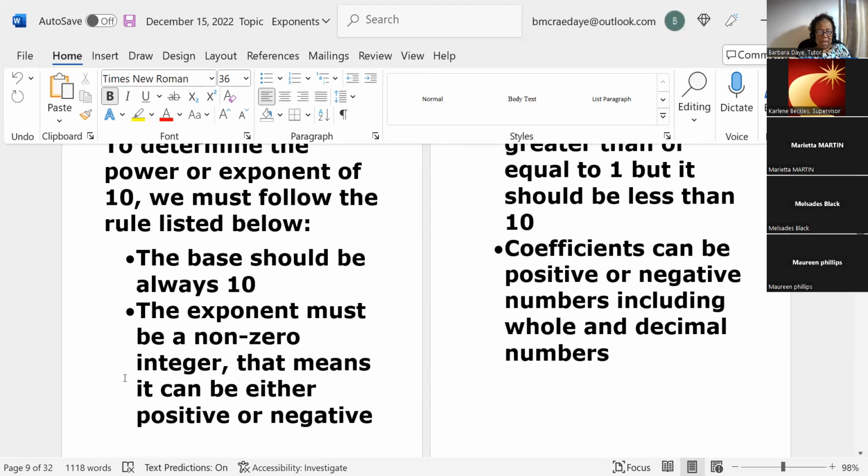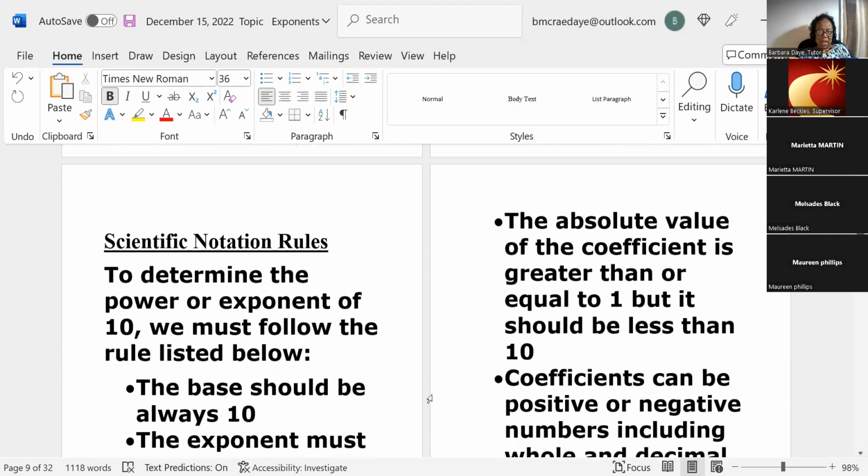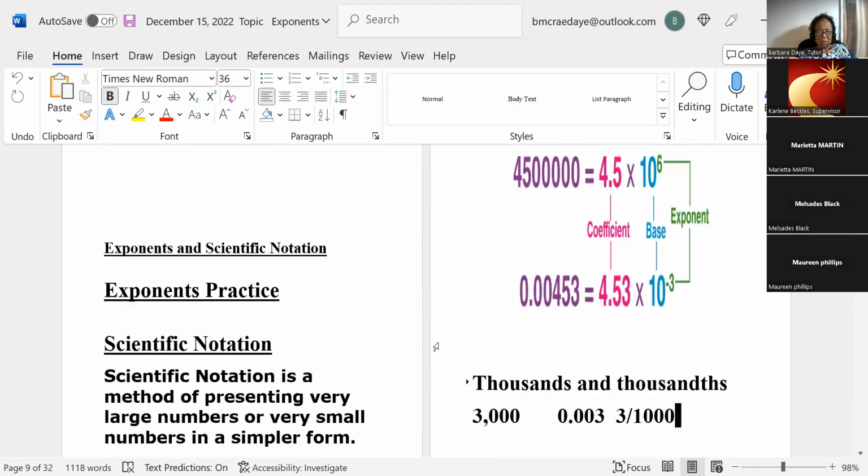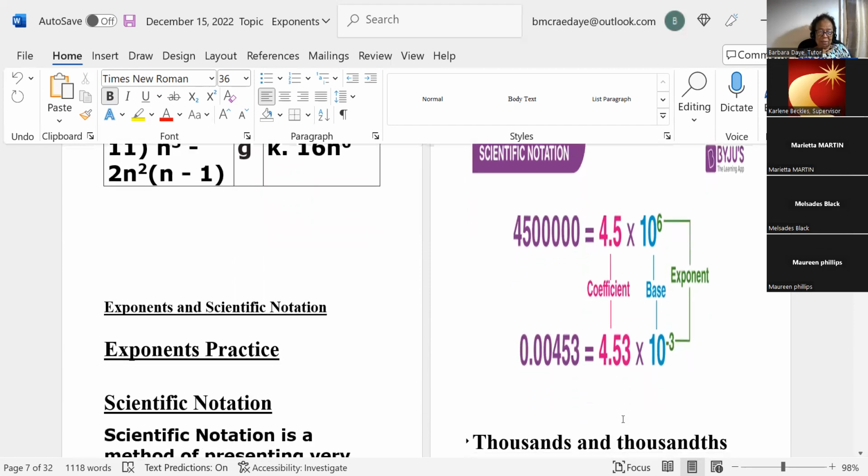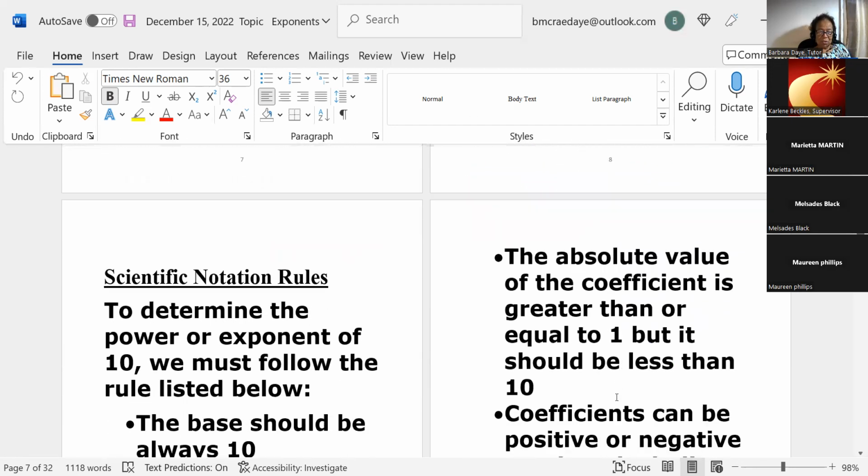The exponent must be a non-zero integer. In other words, it's not zero, because if it's zero, the number would be 1. And it can be either positive or negative. Those are your rules.